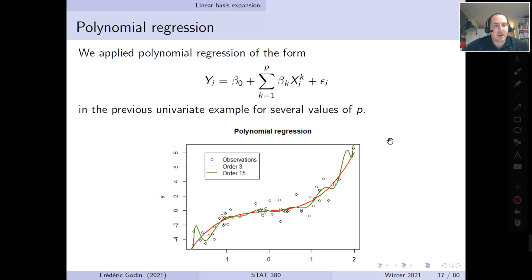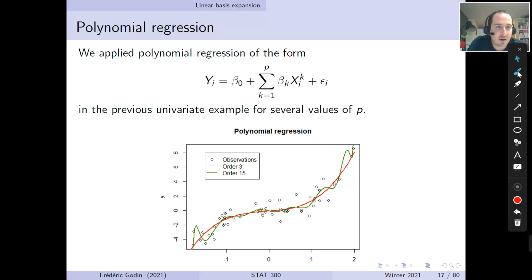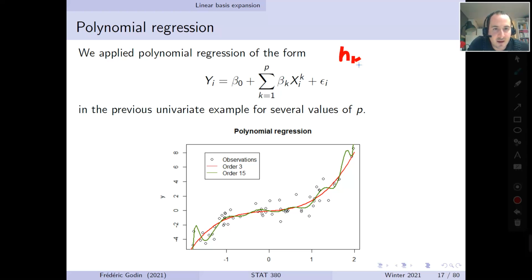Let's give the example of polynomial regression, where h_k of x is x to the power k. If we consider the previous model that we discussed, the model assumes the response is equal to an intercept plus a linear combination, not of the original predictor x, but instead of all of its transformations.